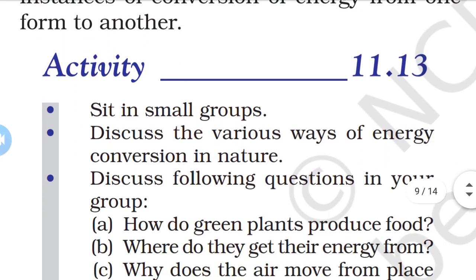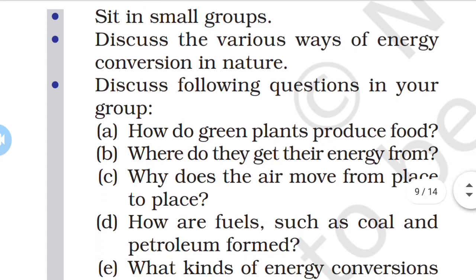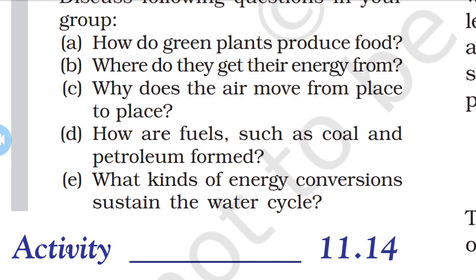Let us take activity 11.13. We have to sit in small groups and discuss the various ways of energy conversion in nature. Discuss the following questions in your group. First question, how do green plants produce food?